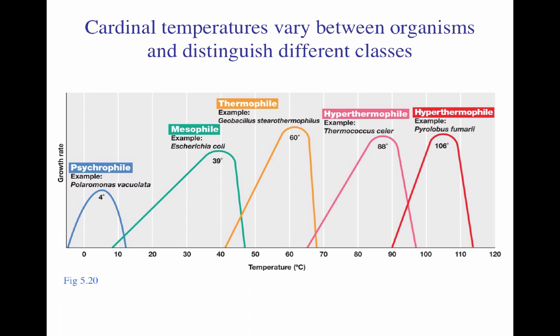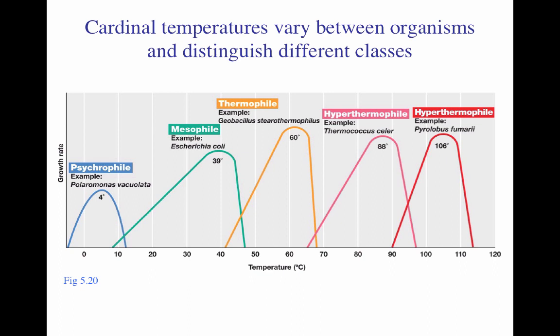And here is where the temperature increases to three categories that include the thermophiles, hyperthermophiles, and very high hyperthermophiles. As the name implies, a thermophile organism likes the heat. Some of them are going to have an optimal temperature of 60 degrees, other ones 88 degrees, like Thermococcus celer, and other ones even much higher, 106 degrees, like Pyrolobus fumarii.